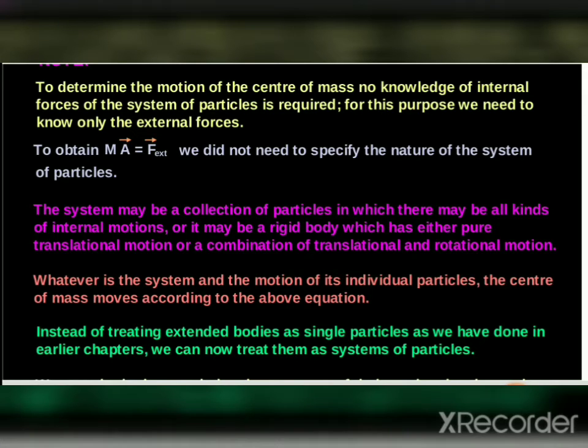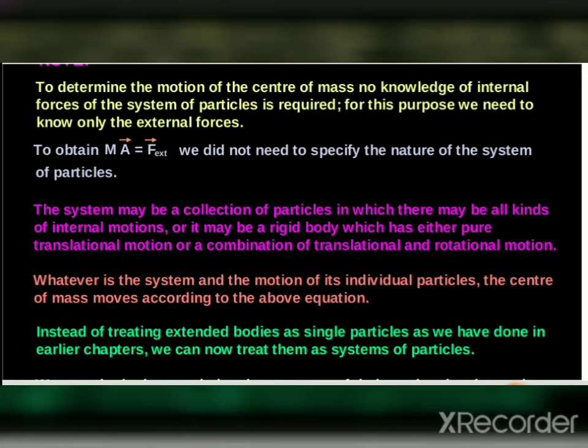The system may be a collection of particles, so you have to think that there are kinds of internal motion, or it may be a rigid body. It has either pure rotational motion, or a combination of rotational and translational motion, or a translational motion.